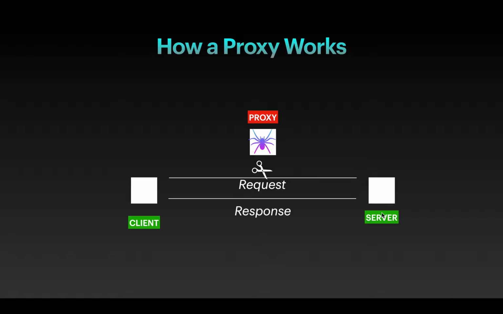Similarly, when the server is sending a response back to the client, the proxy, which is the Burp suite, will capture the response, and when we do intercept off, it will come back to the client's browser. So this is how a basic proxy works.